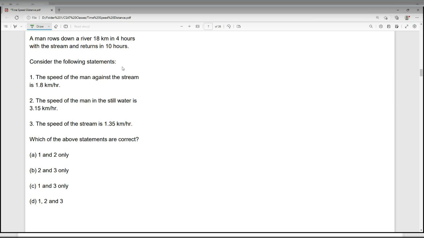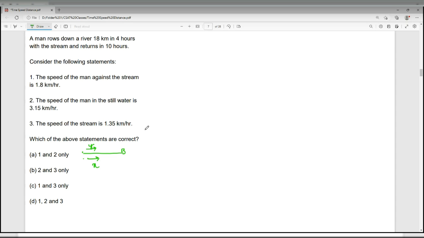returns in 10 hours. So let's say this is a stream from A to B. The water is also flowing this way and the boat is also moving in this way. Let the water speed be x and his speed be y.